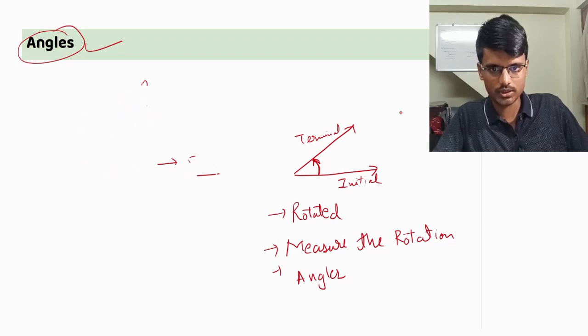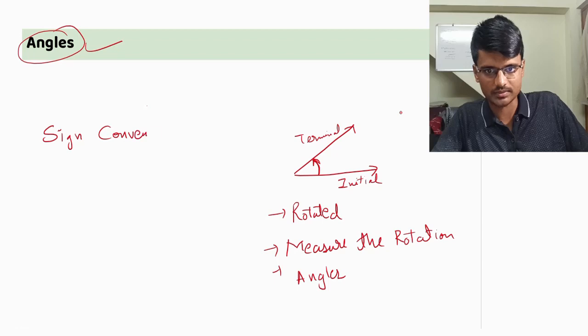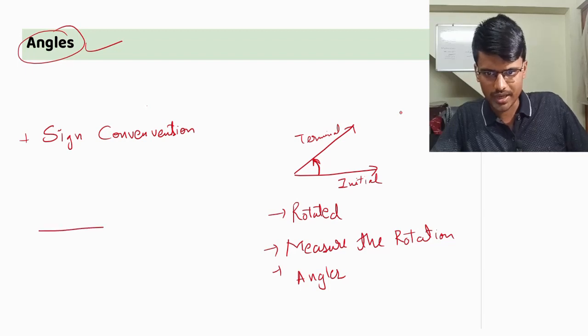very important. This is the sign convention. There is a sign convention for angles. So what is this? Very easy. If you are going in anti-clockwise direction, this is taken as a positive angle.